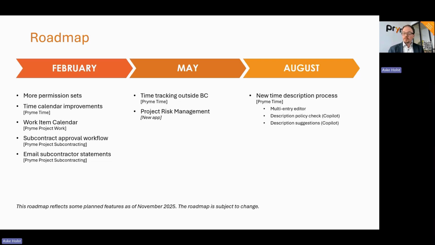And for August, we are looking at a new process for working with time descriptions. This is mostly for when you have a lot of entries where the description is critical to the invoicing process, where you want to review the descriptions of work and be able to do that in bulk.